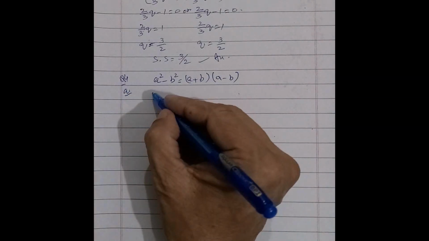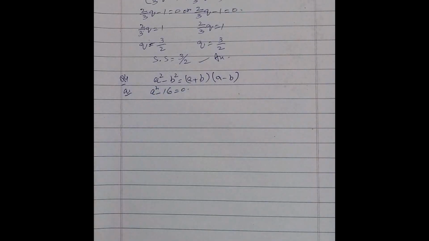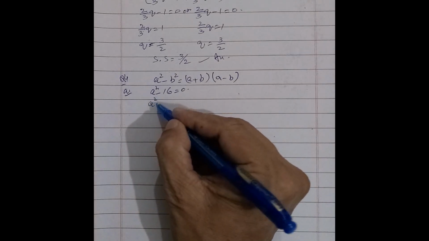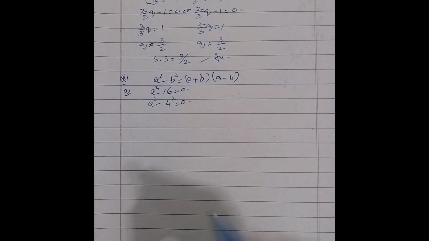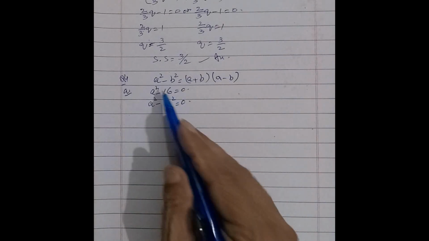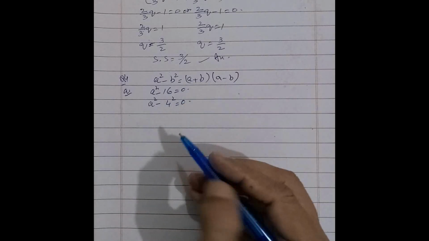Part A is a square minus 16 is equal to 0, in which a square minus 4 square is equal to 0, and this method is a square minus b square, and we write it a plus b and a minus b.